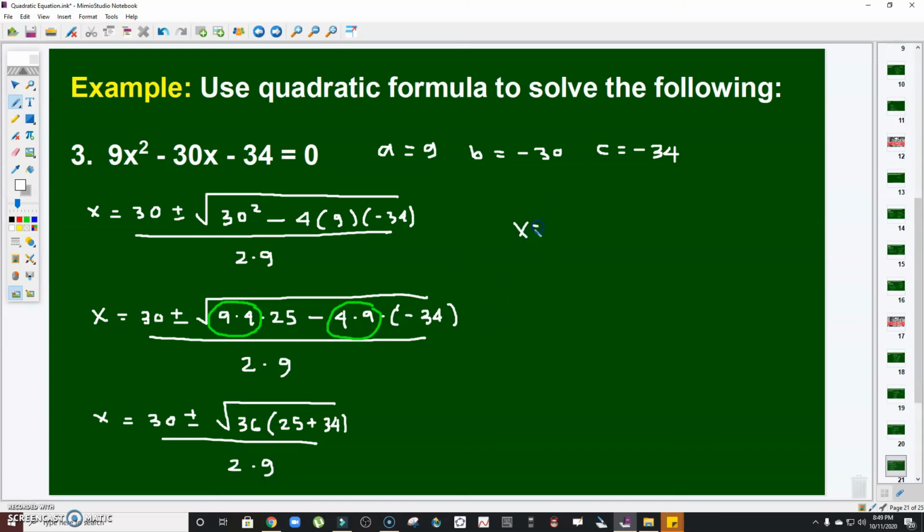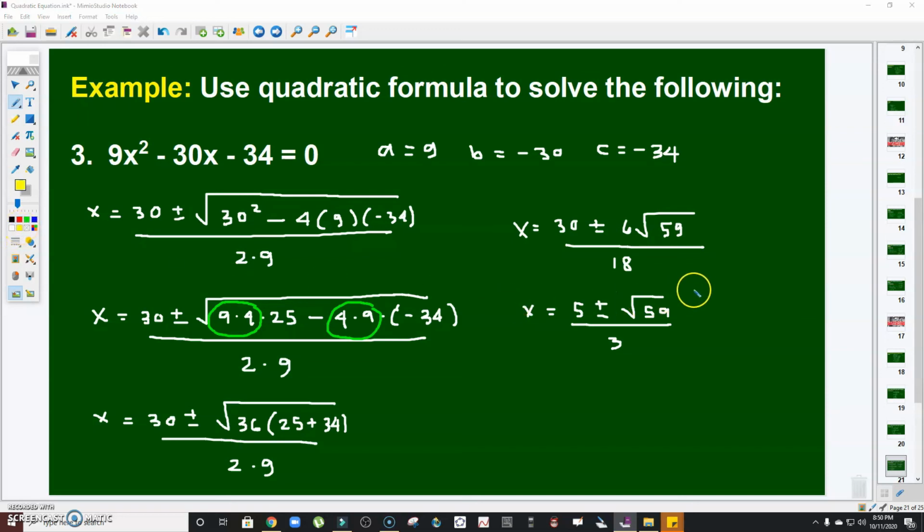So x equals 30 plus minus square root of 36 is 6, square root of 34 plus 25, that's 59. So square root of 59 all over 2 times 9, or I'll just write 18. So x equals 30 over 18, divisible by 6, so that will become 5 over 3, plus minus 6 over 18, that's 1/3. So our answer here is x equals 5 plus minus square root of 59 all over 3.